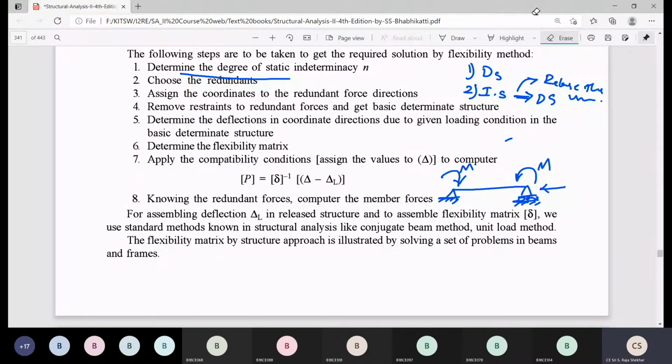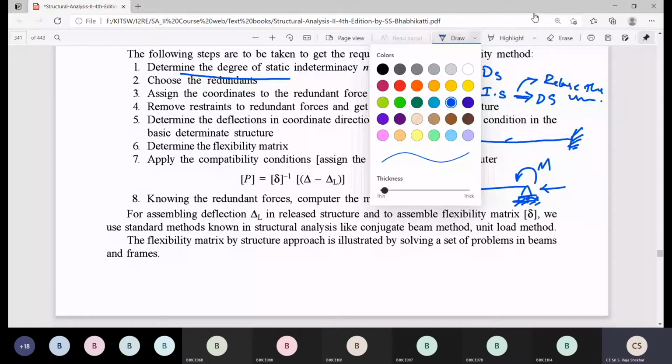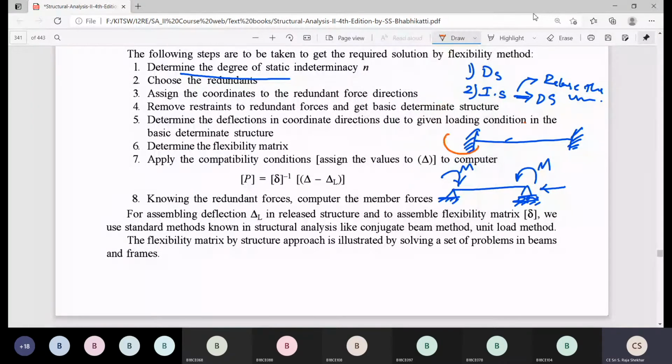Now this fixed beam we cannot analyze by using static equilibrium equations, but this we can analyze by using static equilibrium equations: sigma Fx equal to 0, sigma Fy equal to 0, moment at any point equal to 0. Actually these are the reactions for a fixed beam.